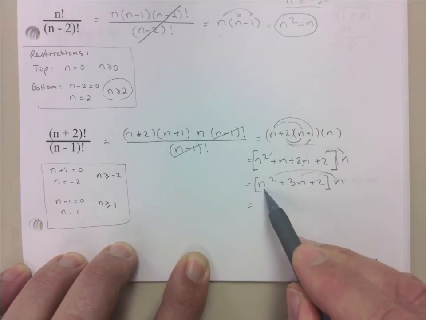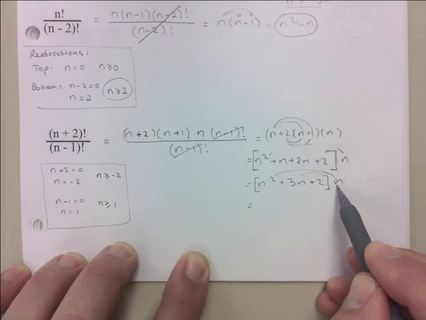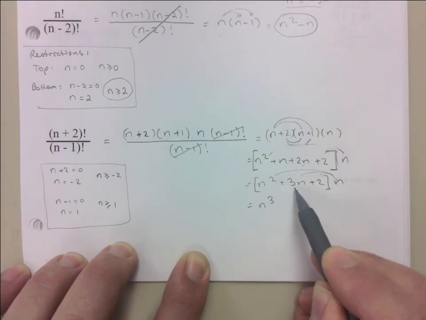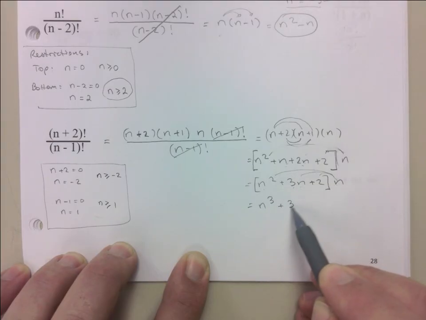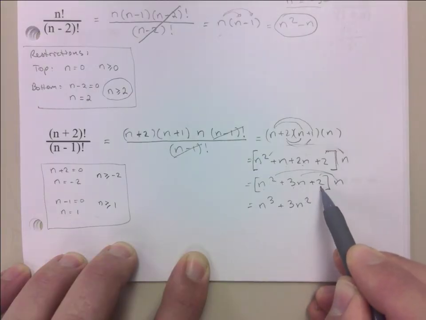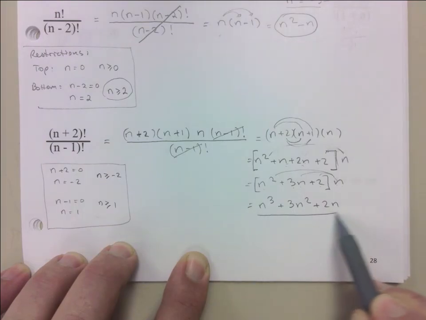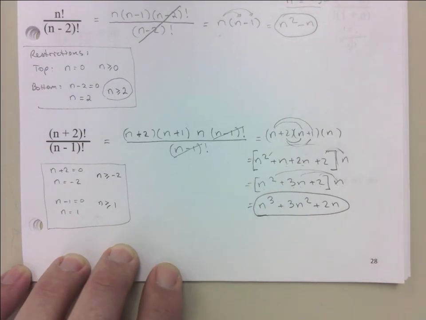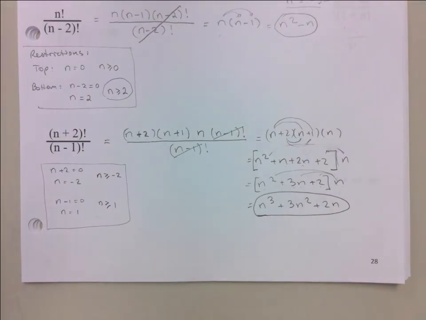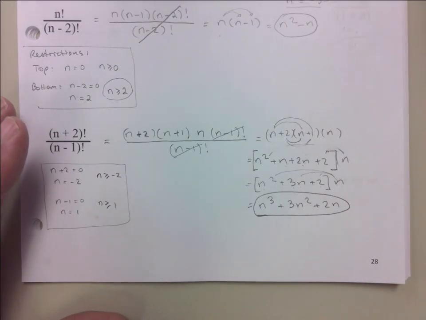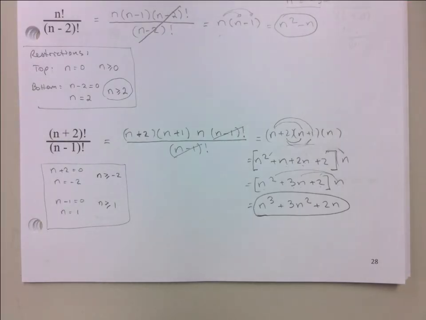So what's n squared times n? N cubed, right? 3n times n is 3n squared. 2 times n is just 2n. And there you have a simplified expression. N cubes are not very common, but I think you at least need to know how to do that, okay?